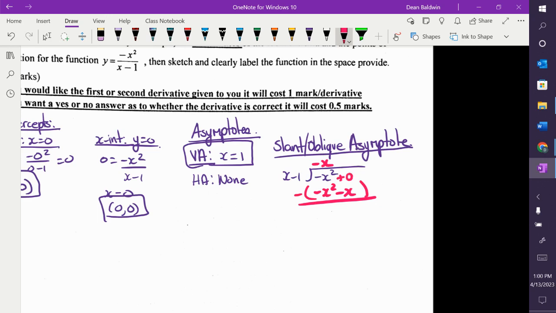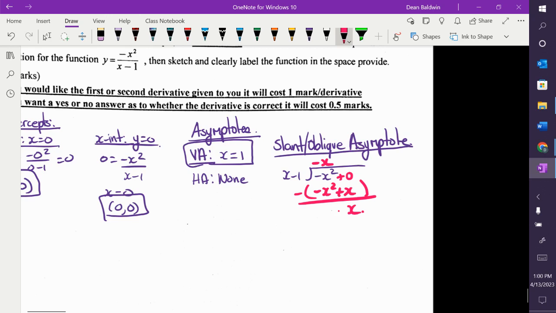You could put a 0 there to hold the place. 0 minus negative x is positive x, thank you, because it's negative. So then it's negative x. There we go.